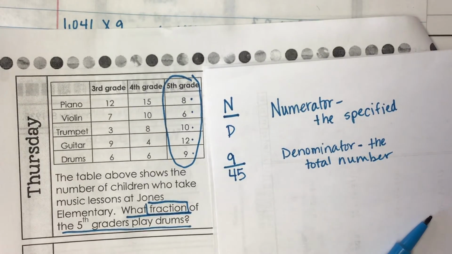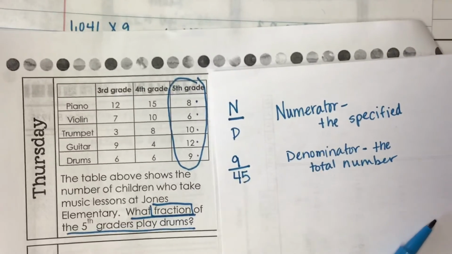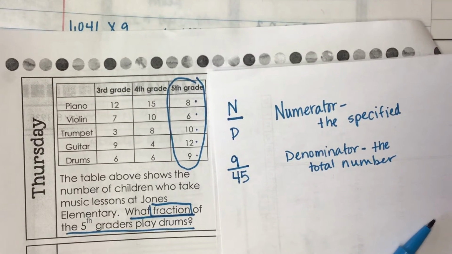To find an equivalent fraction, multiply or divide the numerator and denominator by the same number. Yep, it's been a while, but we've done it. Can you guys do it with me? To find an equivalent fraction, multiply or divide the numerator and denominator by the same number.